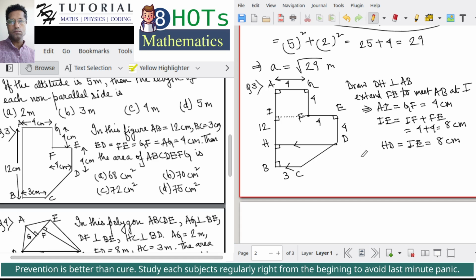So in trapezium HBCD, we have HD parallel to BC.